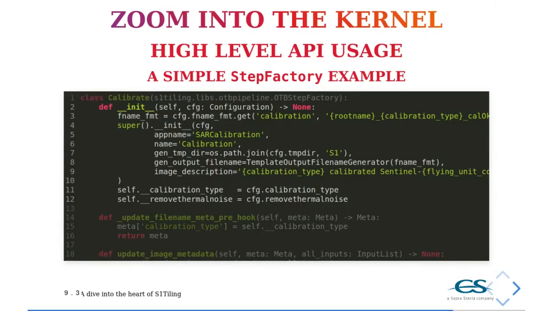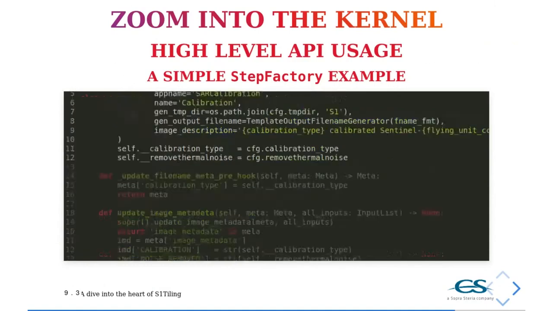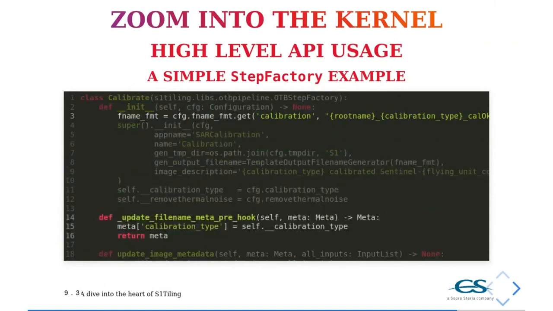And this uses the calibration type and flying unit, information that is automatically obtained from the original Sentinel-1 product. So that is how I generate the file names.